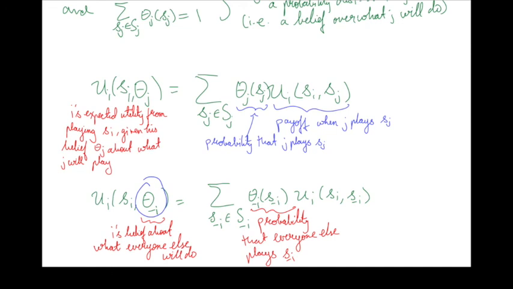So we sum over all possible strategy profiles for everybody but I. We look at the utility that player I gets when he plays Si and everybody else plays S minus I. And we multiply that by the probability that everybody else plays S minus I according to I's beliefs. And we sum that over all possible S minus I, so all the other things that others can do.